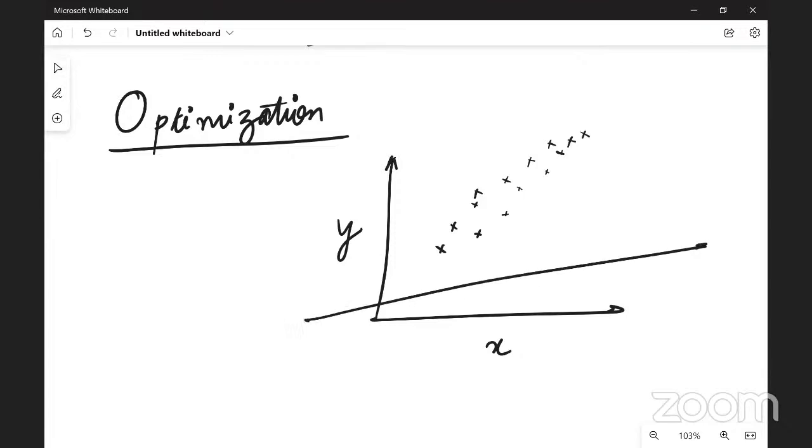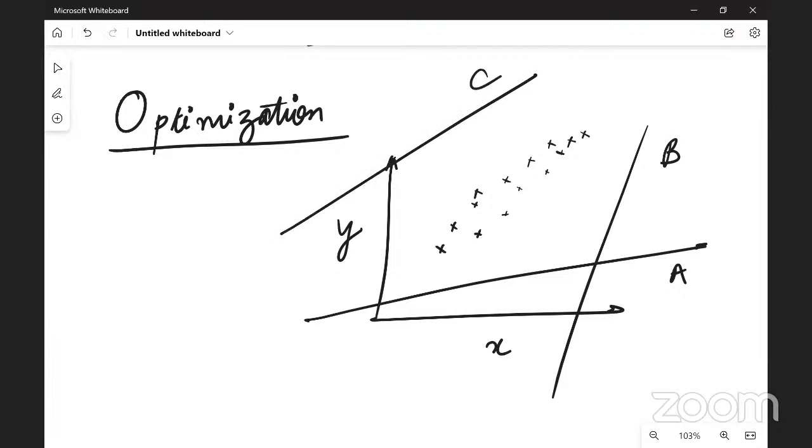This could be one, let's say model A. This is model B, and this is another model C. Then there is this model D. So we possibly could have an infinite number of candidate models, and you want to choose the best one. Optimization procedure and loss function help us to do that.